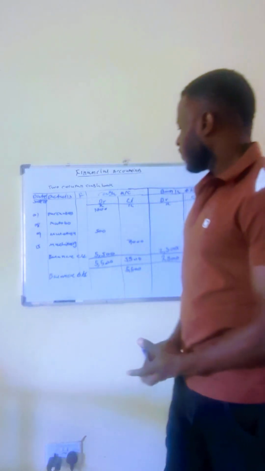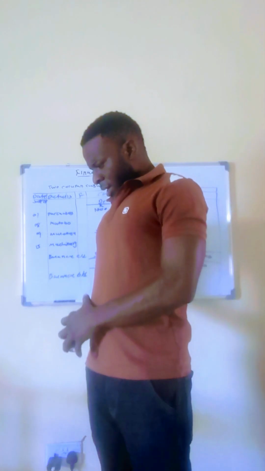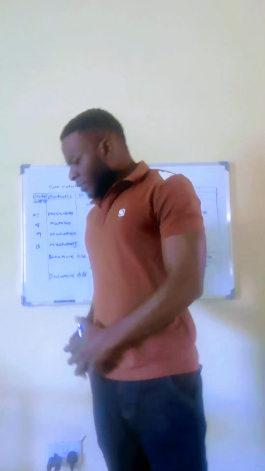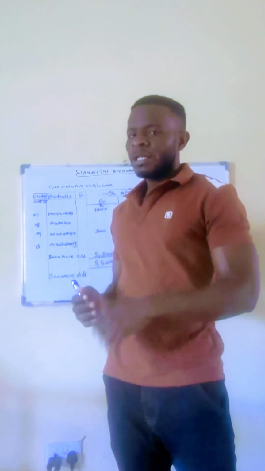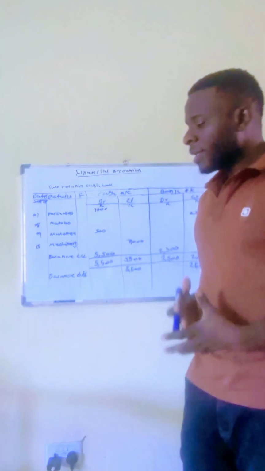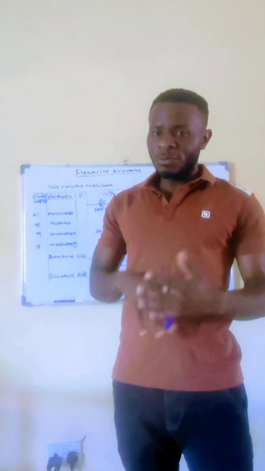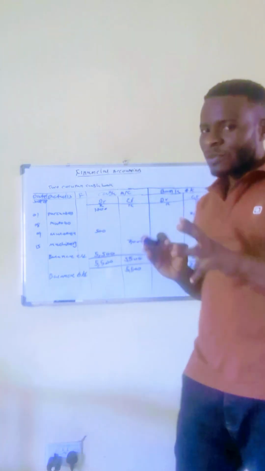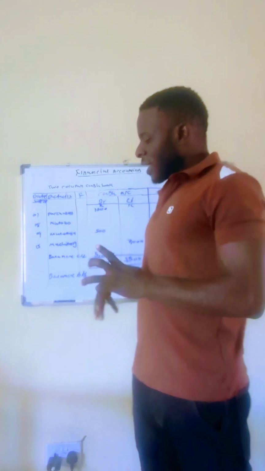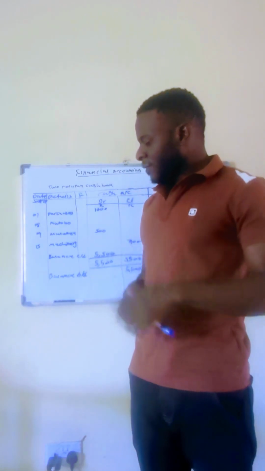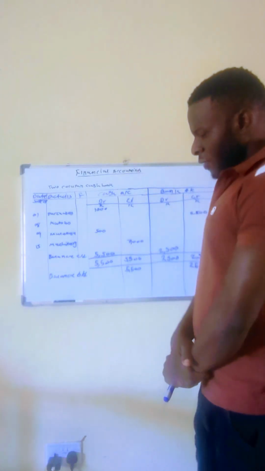So on the 15th, we bought machinery by cash. Machinery is an asset. When we go back into the double entry system, when it comes to assets, we debit what comes into the business and we credit what goes out of the business.